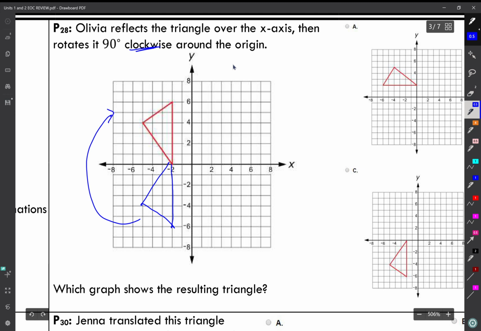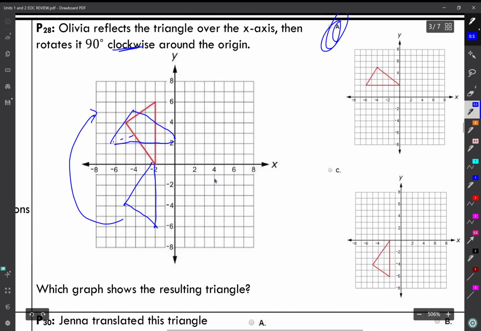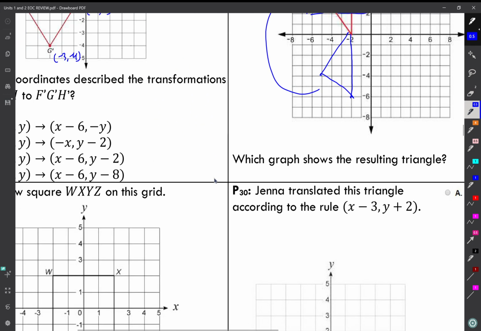Okay, so I'll end up something like this. And there we go. That's my answer. And that would be, out of all these, A. That's because I'm going clockwise, guys. Remember, clockwise moves the same direction as the clock. Okay, you got to be careful to read that.